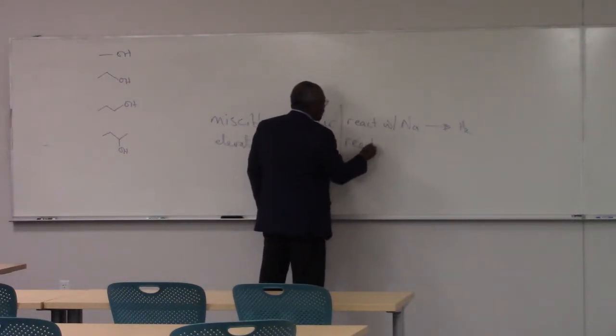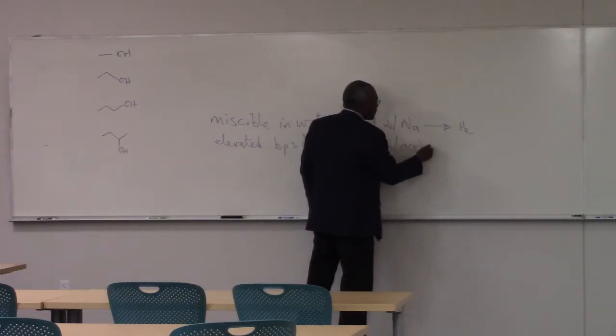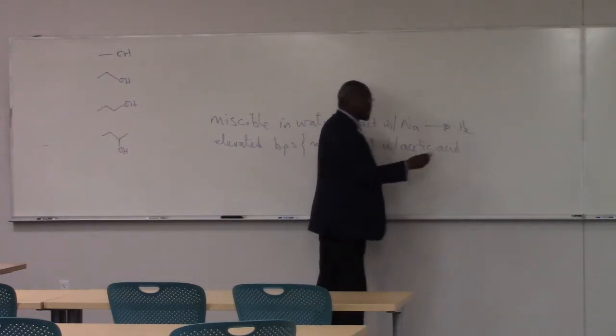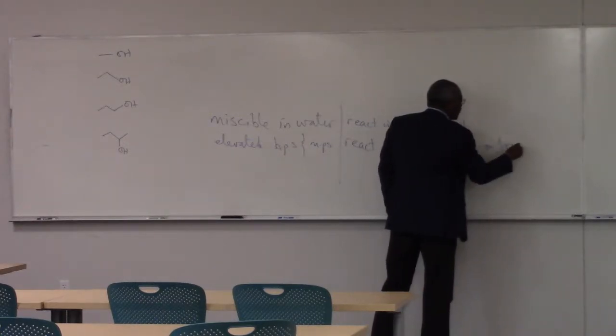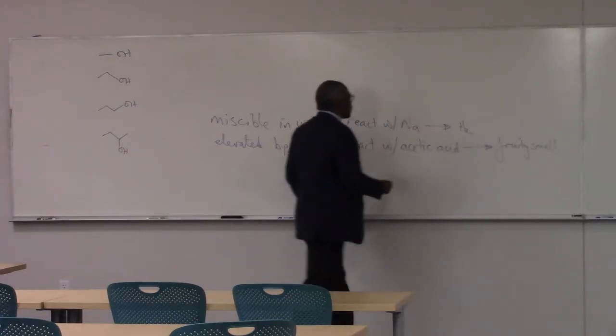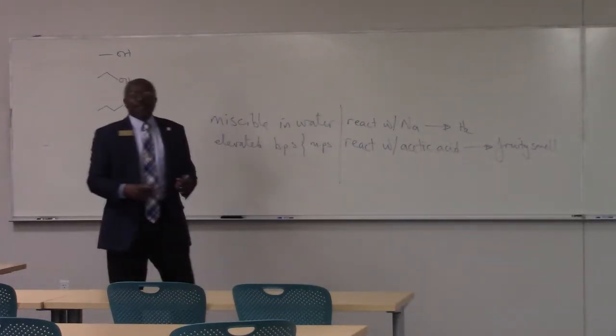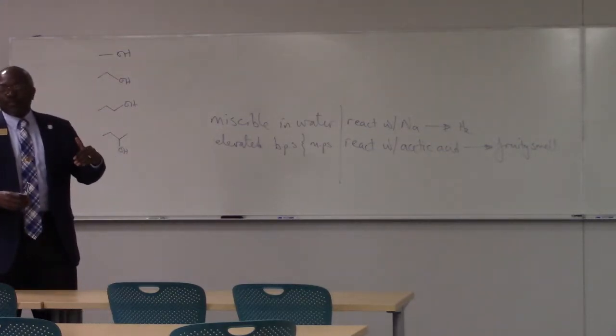They will react with, for example, acetic acid, which is the acid found in vinegar, and they'll create something with a fruity smell. Okay? So they've got certain properties that are similar, and these are both physical properties and chemical properties.